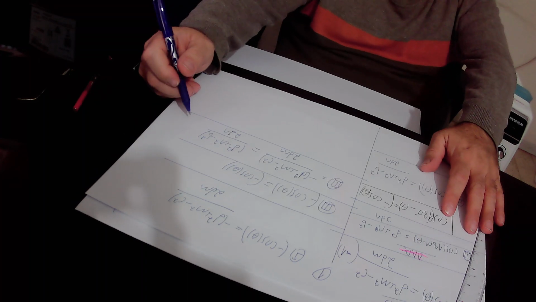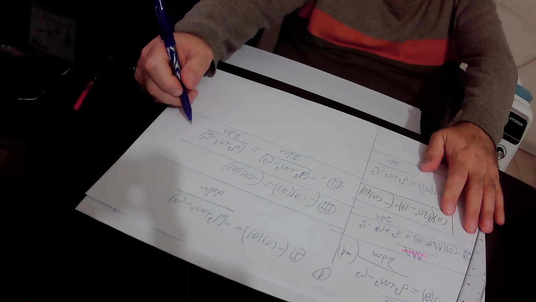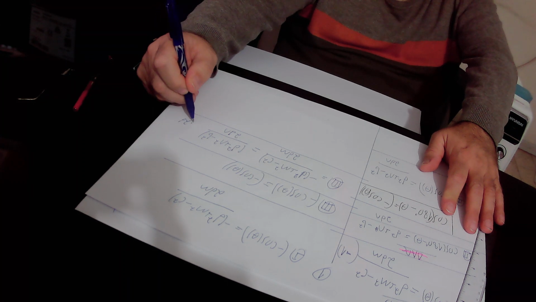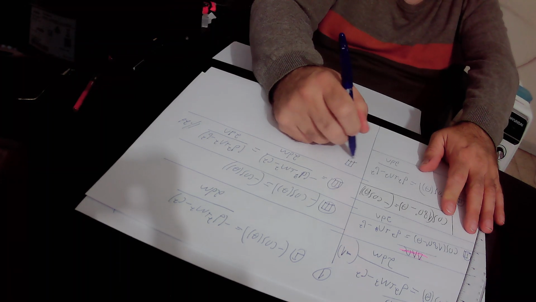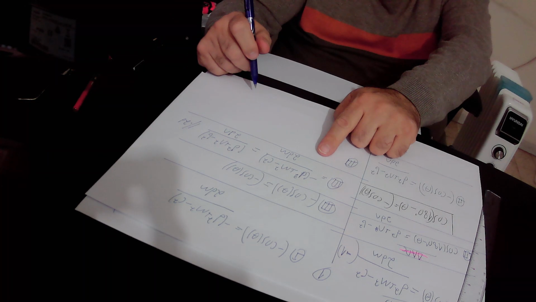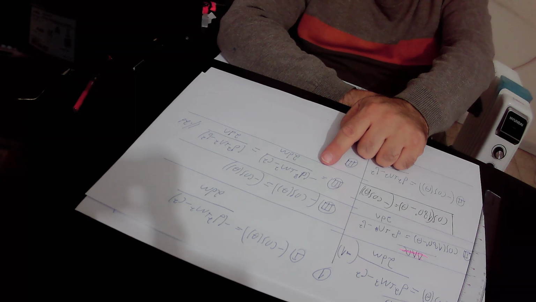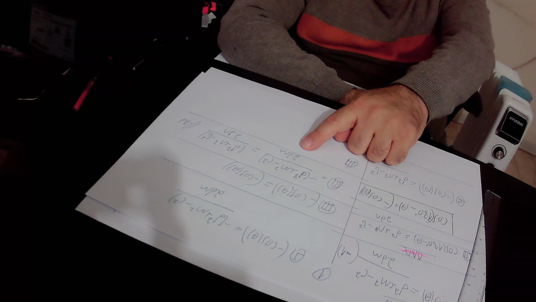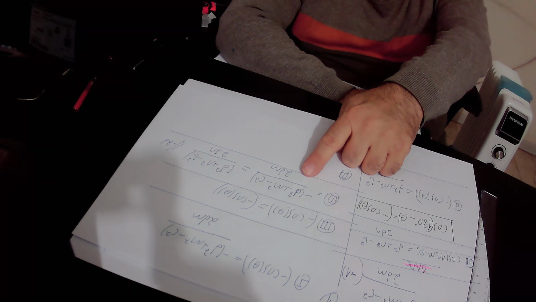In the next step, we'll multiply equation number 3 by 2d, and we'll get, here on this side of equation number 3, 2d over 2d is 1, so 2d will get cancelled, and in the denominator we're left only with m.